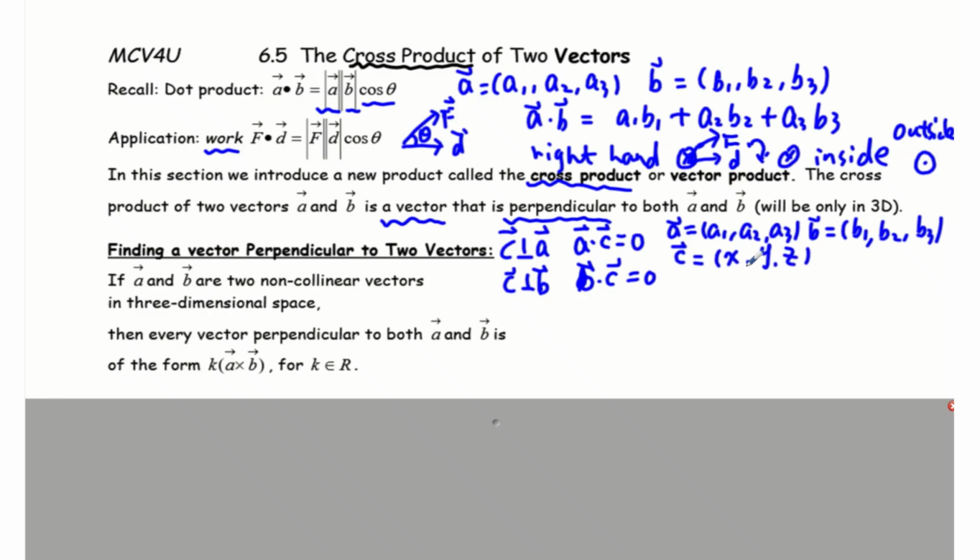The reason we put x, y, z is because they are variables, and there will be many combinations for that. Then we could write the dot product: A1x plus A2y plus A3z equals 0, since C is perpendicular to A. Then with B: B1x plus B2y plus B3z equals 0. Then we use the elimination method.